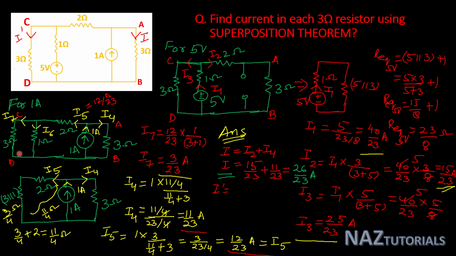So it will be the algebraic sum of I3 plus I7.